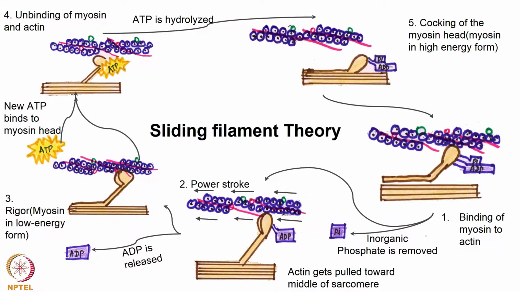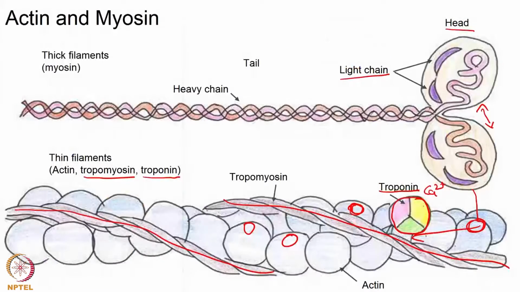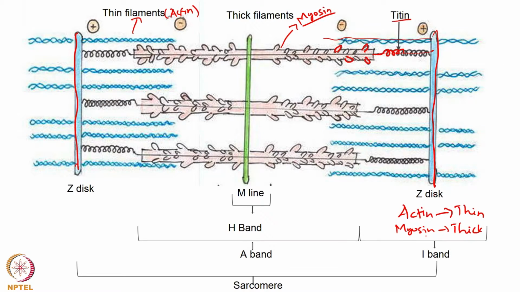Let us go through the situation one more time. This is the thin filament and this is the thick filament. The thick filament attaches to the thin filament and pulls it in that direction, whereas here the myosin head attaches to the actin and pulls in that direction.